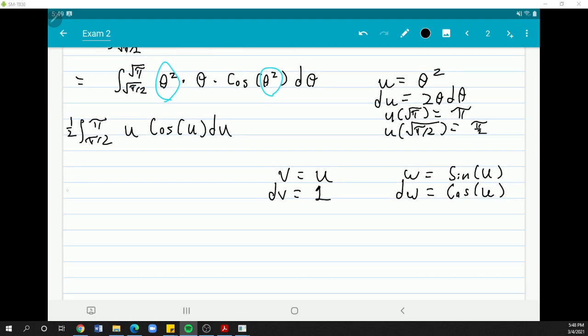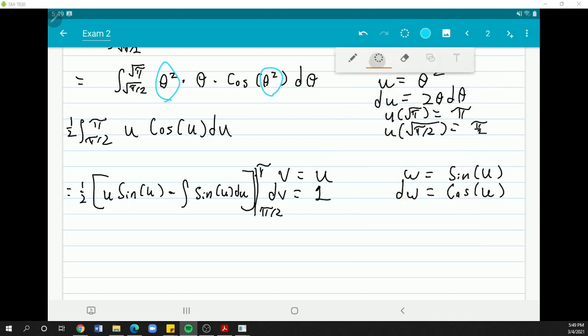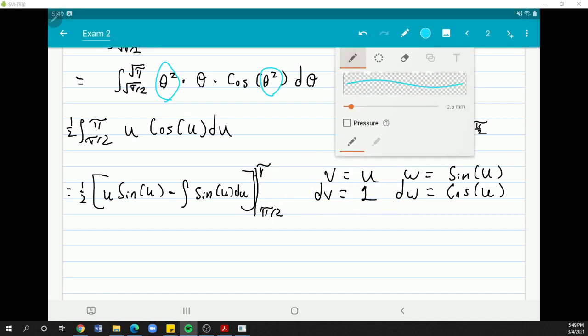And so I get 1/2 vw, which is u sine u, minus the integral of w dv, which is the integral of sine of u du. And I'm going to write this here, evaluated from pi over 2 to pi, because I have seemed to run out of room. Okay.